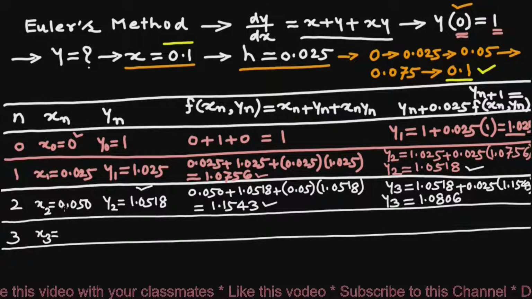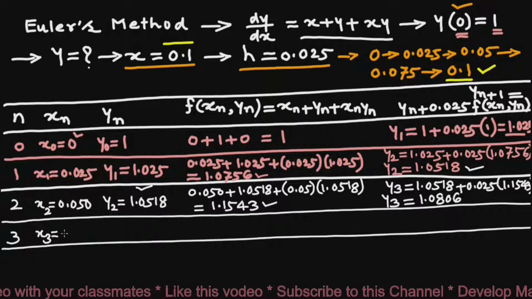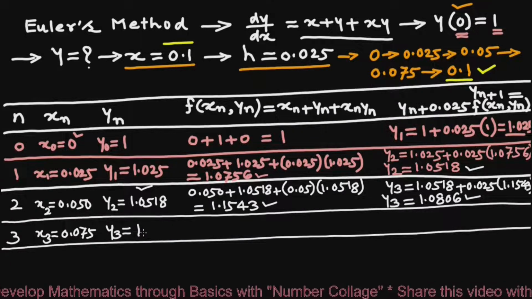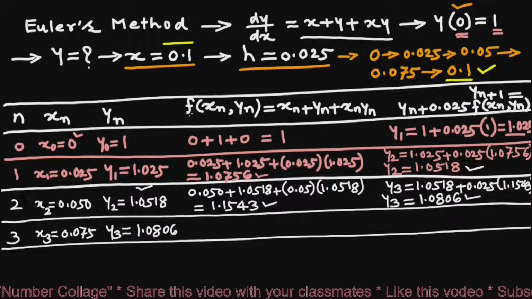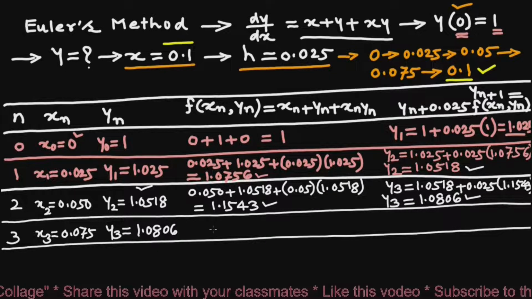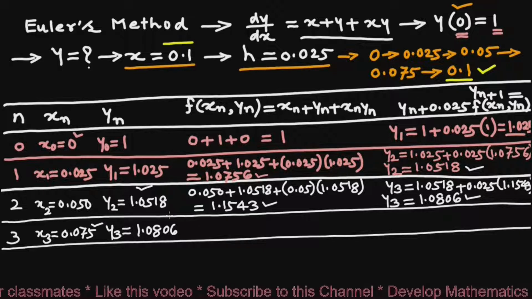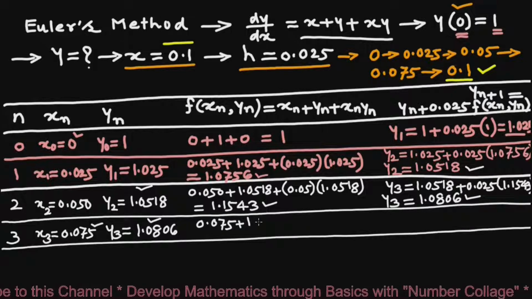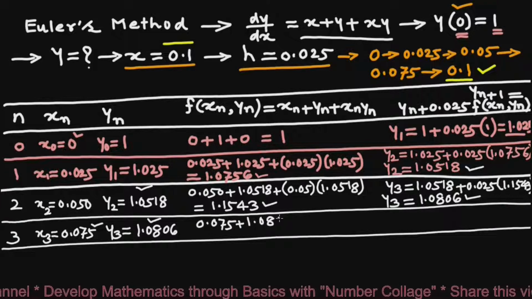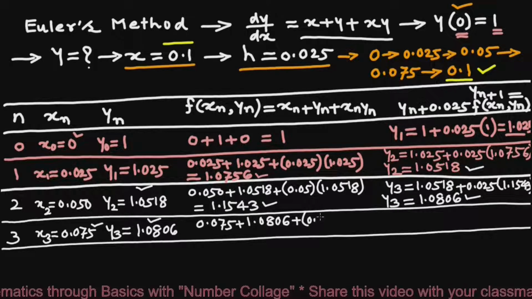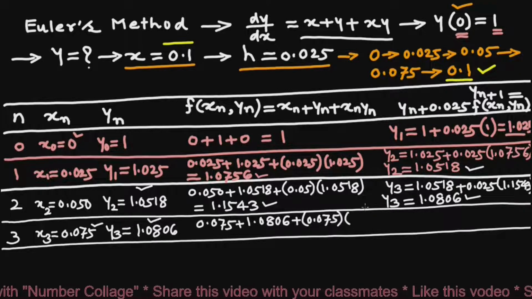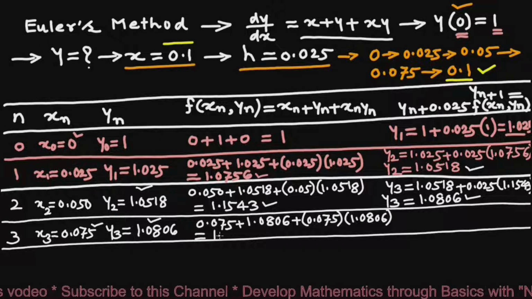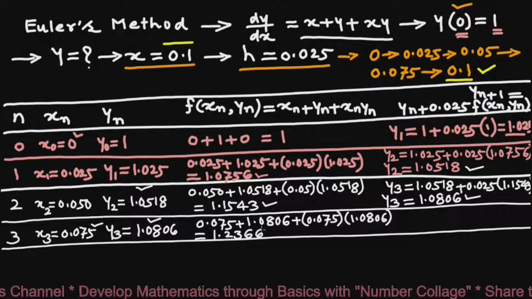In the next row we write n equals 3. x3 will be 0.050 plus 0.025, that will be 0.075. y3 will be this 1.0806. f of x3 y3 will be x3, which is this 0.075, plus y3, which is this 1.0806, plus 0.075 multiplied by 1.0806, that will be 1.2366 on calculator.